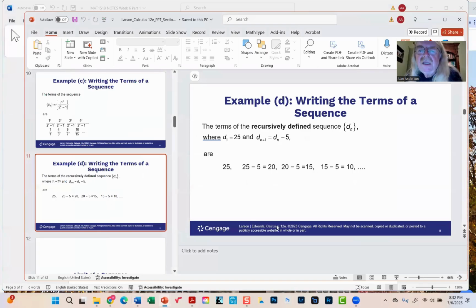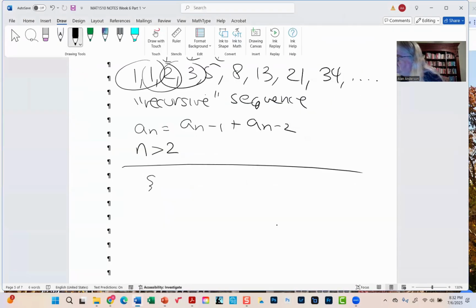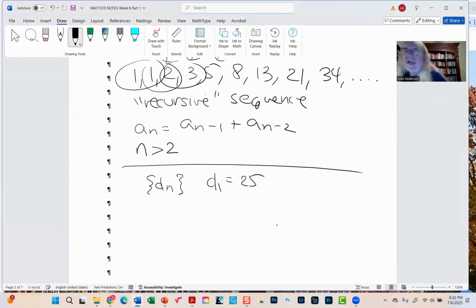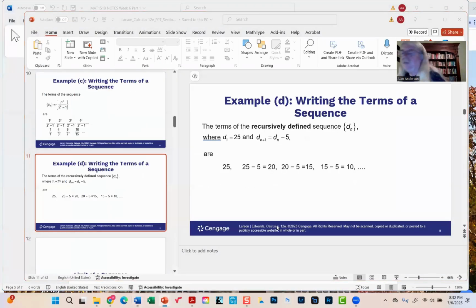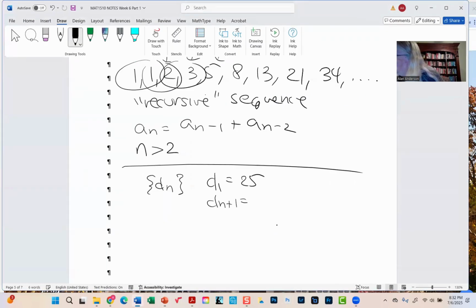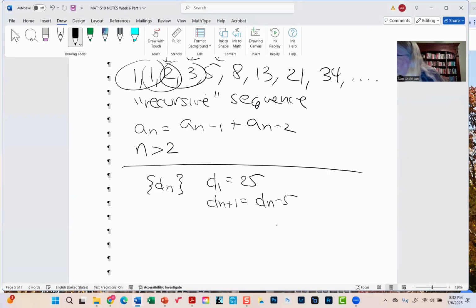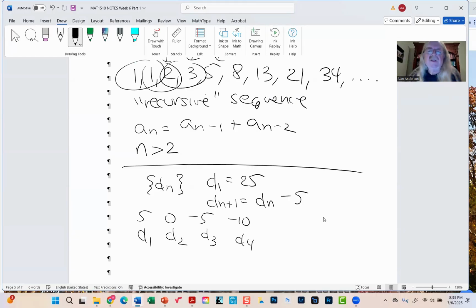The one they have here is a sequence d_n, and it's defined so that d1 is 25, and d_(n+1) is d_n minus 5. So d2, let me write that a little clearer, will be 20.